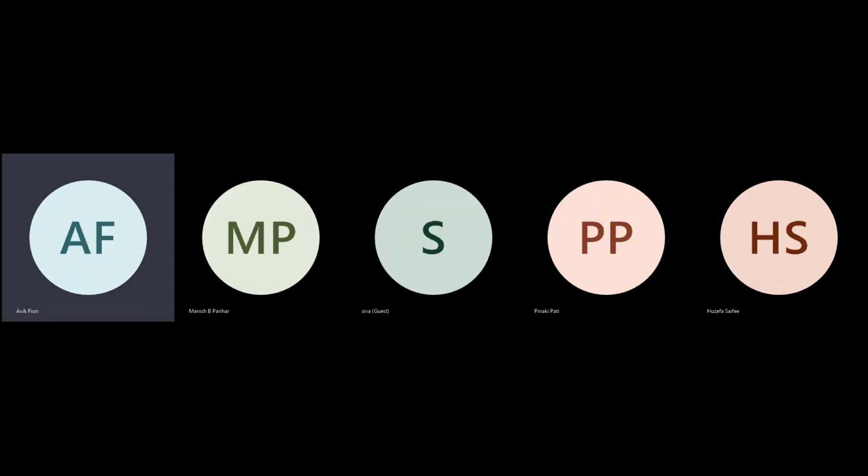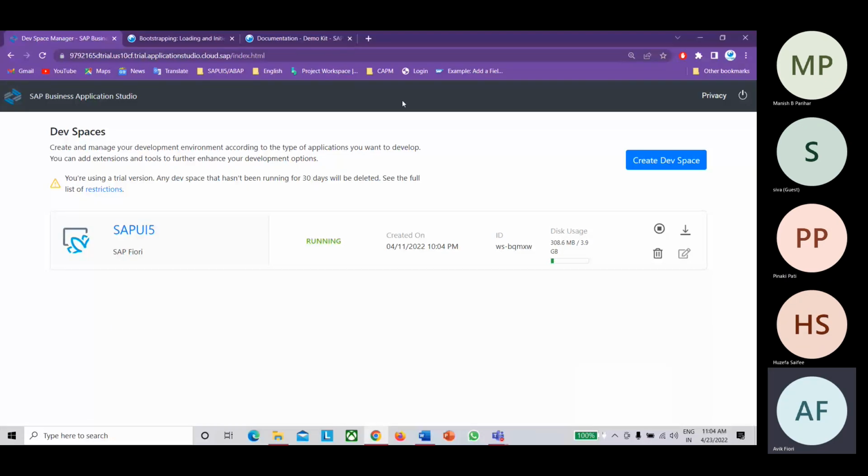Okay, one second, let me share. Can you see my screen now? Yes. Okay, so by default, whenever you log in, you will see stopped as the status. What you need to do is click the play icon, the start icon, and after you start it you will see stop.